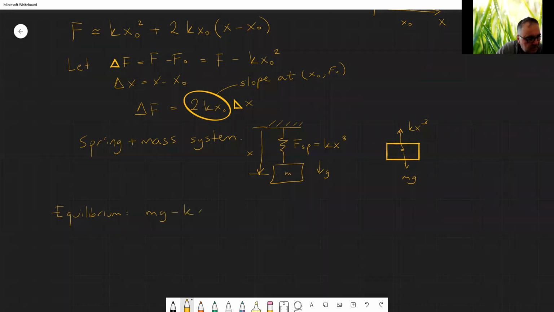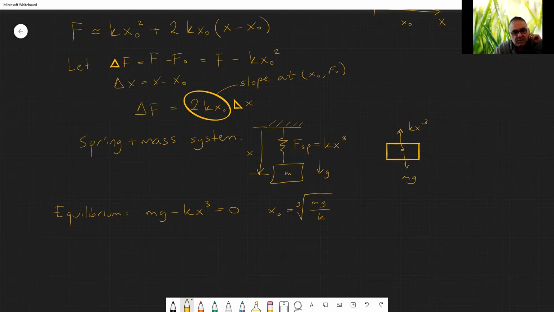So the equilibrium means mg minus kx cubed equals 0, right? It is a static equilibrium, which means that the equilibrium value of x is simply the cube root of mg over k. So this is the value of the equilibrium. Do you understand?